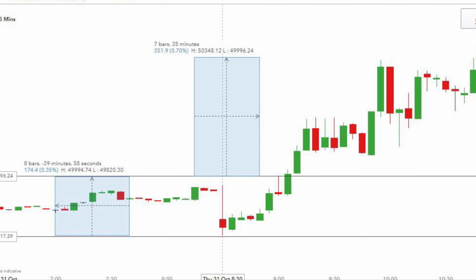So let's say you're trading with CMC or RG, for example, and you're going to take your capital that you have available, you're going to times it by your risk percentage that you're willing to risk per trade. So let's just say it's 2%, and you're going to divide that risk amount that you're willing to risk on one specific trade by 174 points.